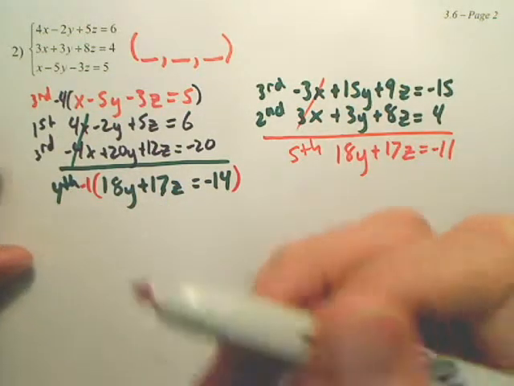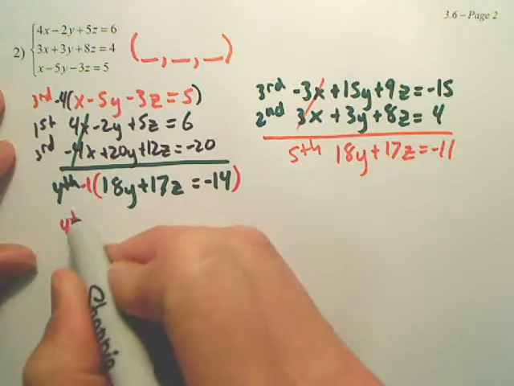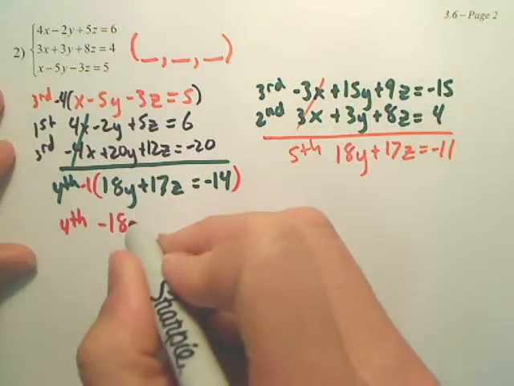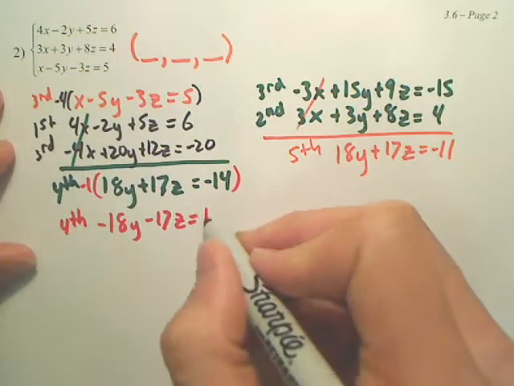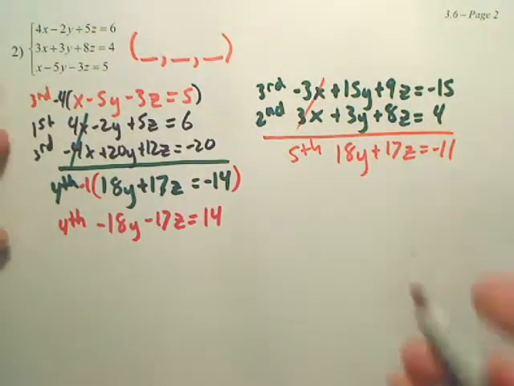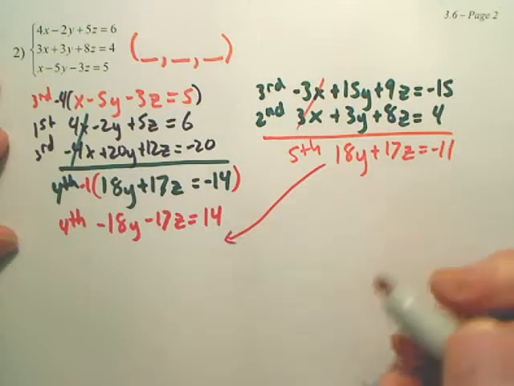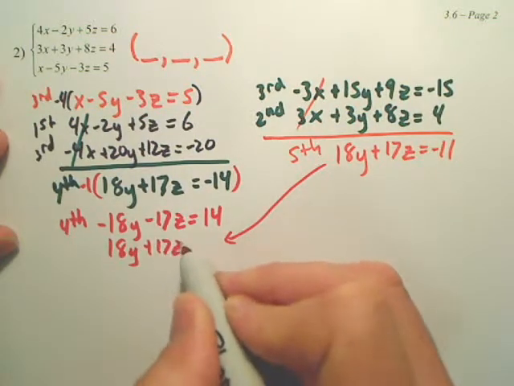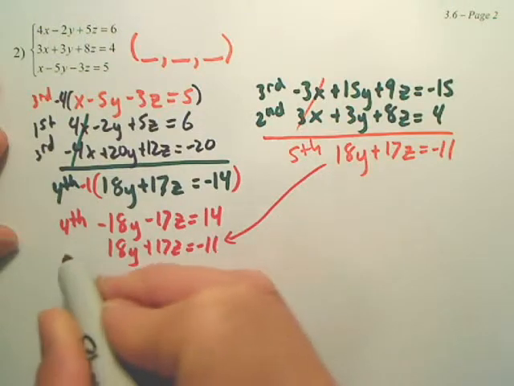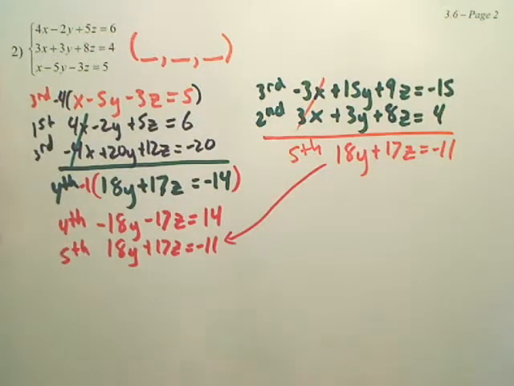Is that okay? Our fourth equation will now become negative 18y minus 17z equals positive 14. And I'm going to bring this guy down. There's our fifth equation. We brought him down.